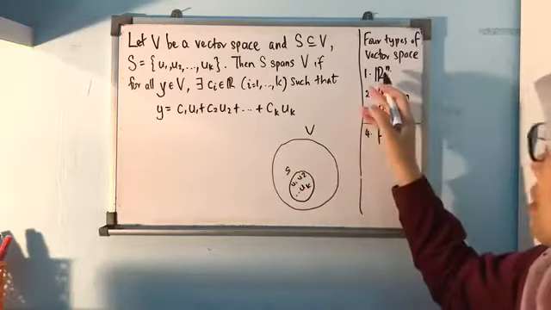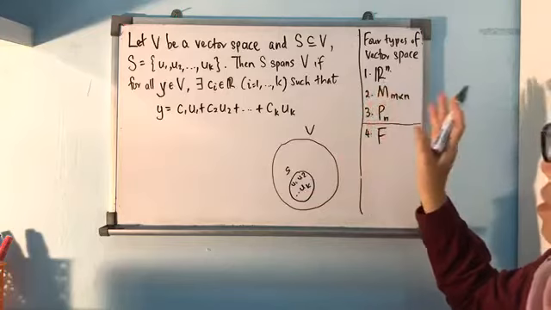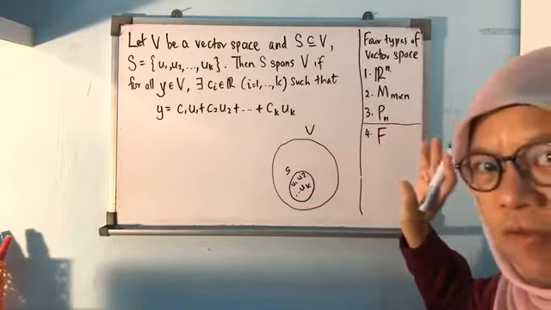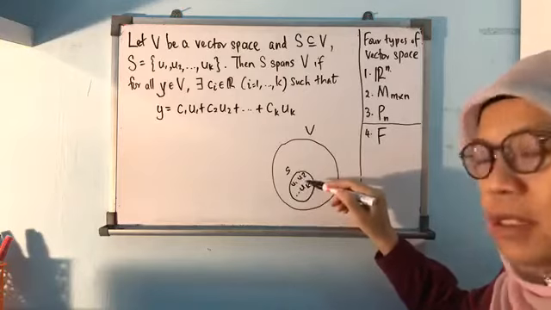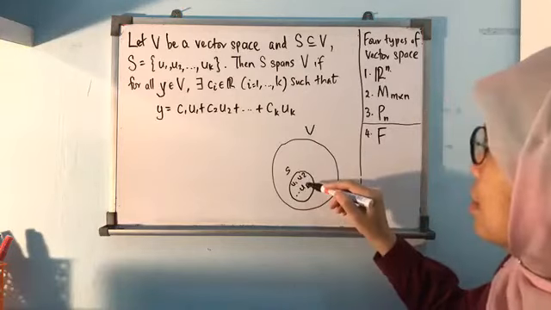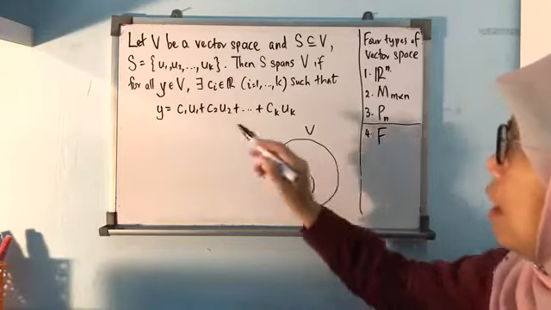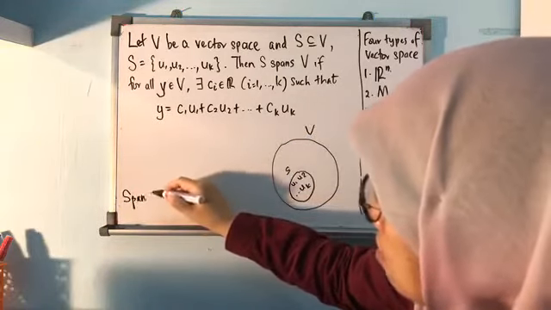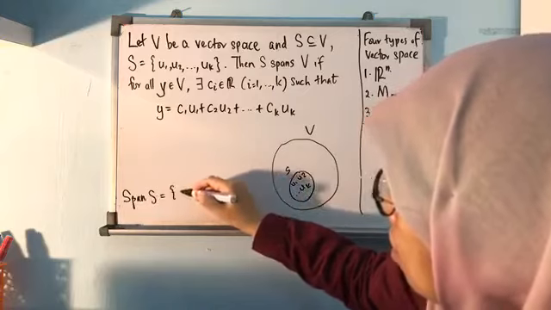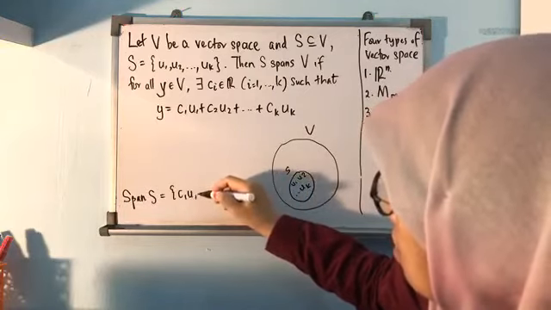Like R, matrices, polynomials, infinitely many. But S is finite, only K elements in S. Alright, so span S, I put here, span S is actually all linear combinations.